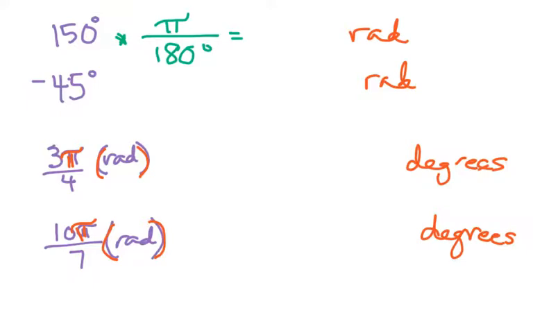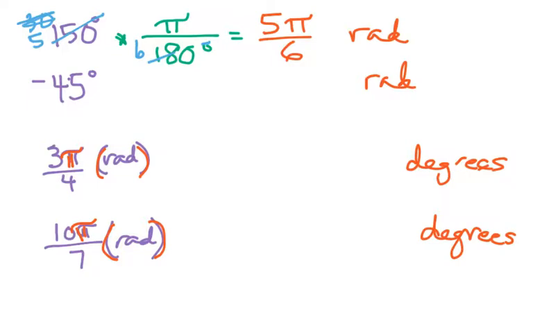This is a straightforward multiplication by a fraction. 150 is divisible by 5, and 180 is divisible by 5, or by 30. I can divide by 30, so 30 into that and 30 into that. So I end up with 5 pi on the top, 6 on the bottom. That's how you convert 150 degrees.